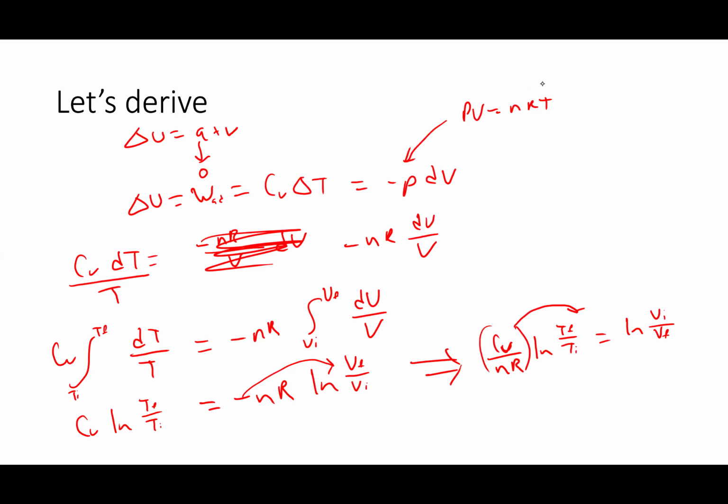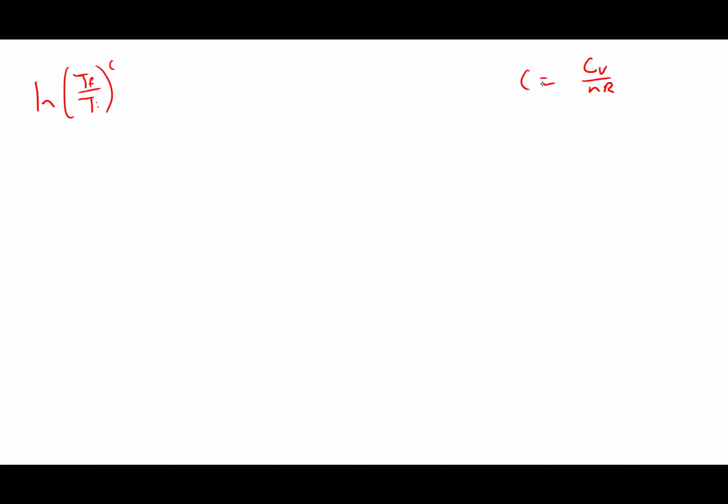So basically we say natural log of Tf over Ti to some constant c, where c is equal to CV over nR. We're just taking CV over nR and shrinking it down into a little c.